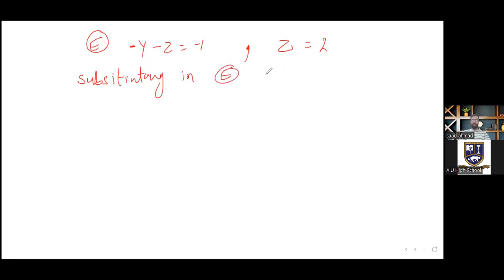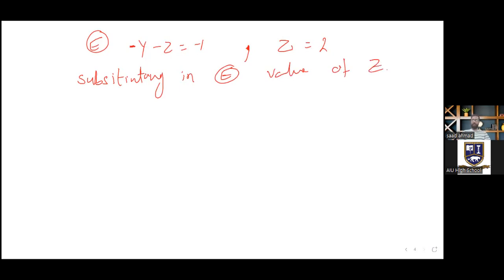Now if you remember, equation e was minus y minus z equals minus 1, and we have already found that z is equal to 2. So we can find y from here by substituting the value of z in e.